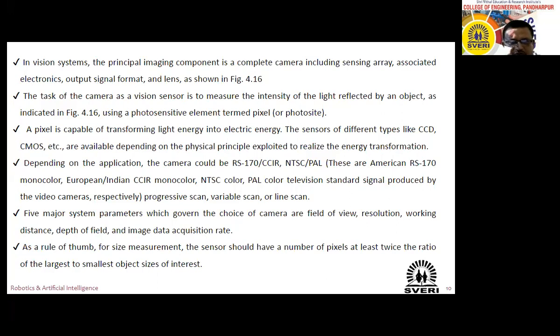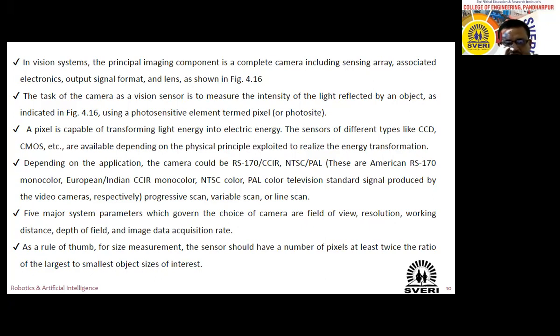The task of the camera as a vision sensor is to measure the intensity of the light reflected by an object as indicated in figure using a photosensitive element termed pixel or photosite.